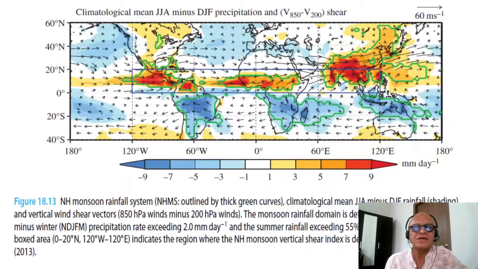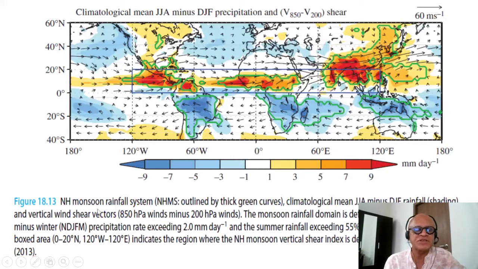To define a good circulation index, it's often been now called a global monsoon, where the mean of JJA minus DJF precipitation and the vertical shear as well, V850 minus V200 between the two seasons is seen.